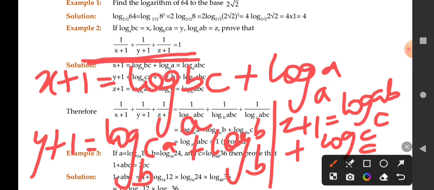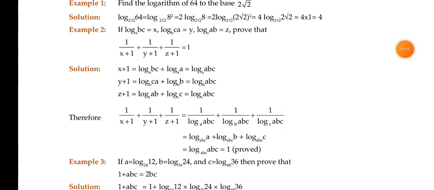Correct? Now let's write the LHS form. What do we have?